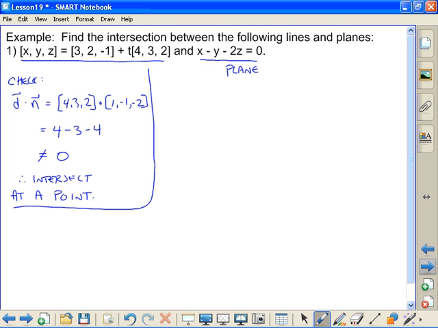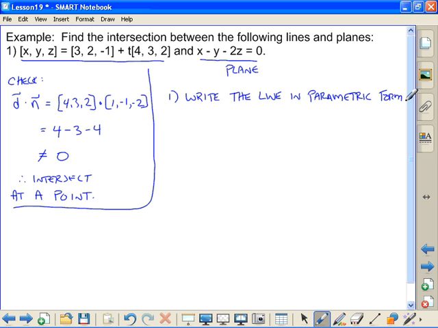So here's your process. We need to write the line in parametric form. That's step 1.